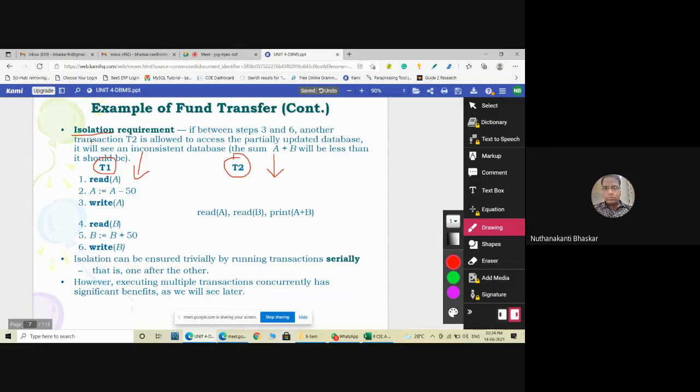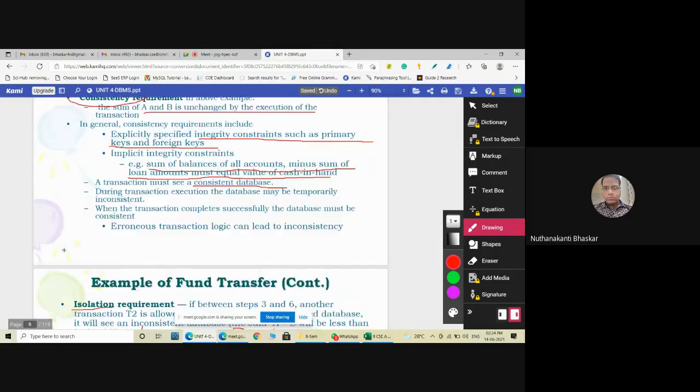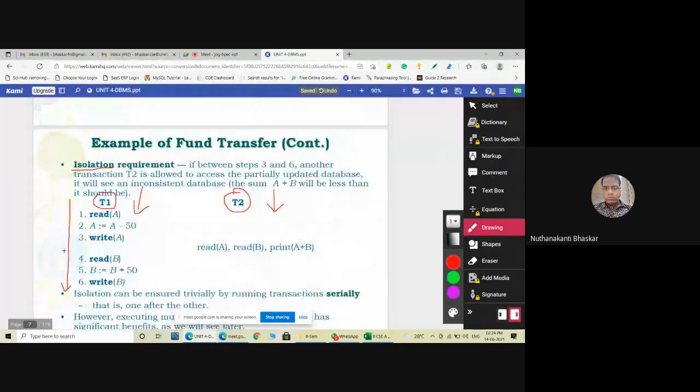If T1 is not depending on T2, T1 gets consistency because it is not requiring any data from T2. So the consistency also depends on the isolation.